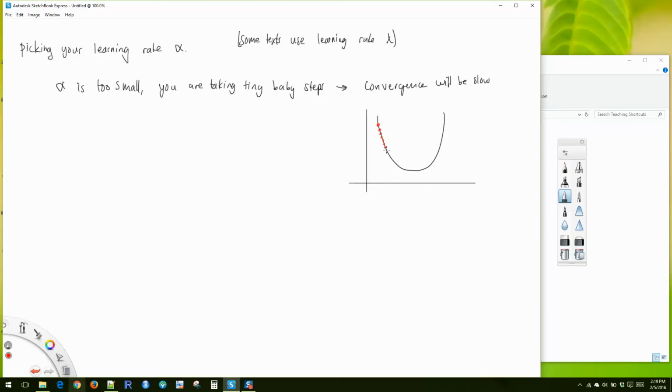You're going to have to take hundreds of steps just to go down the thing. Okay. On the other hand, if alpha is too large, you can overshoot the minimum and end up diverging.